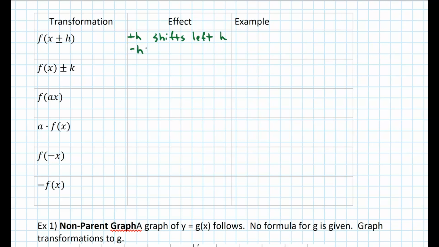And when we did minus h, what happened? Shifts right. Shifts right by h. Okay, so like we saw in this one, when we did f of x is equal to, we had x plus 2, and this one was f of x equals x minus 3.